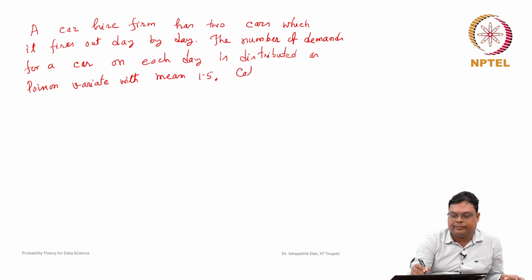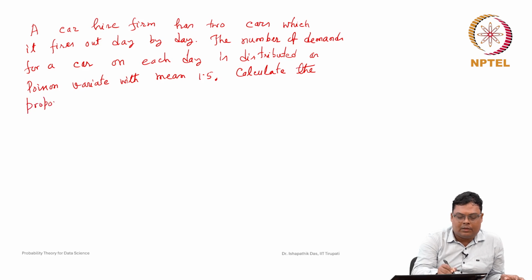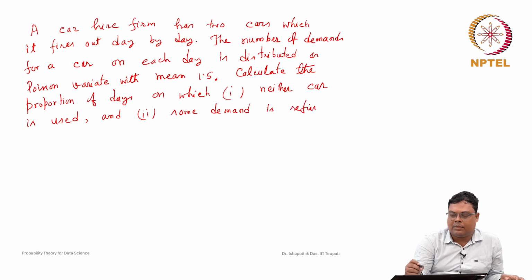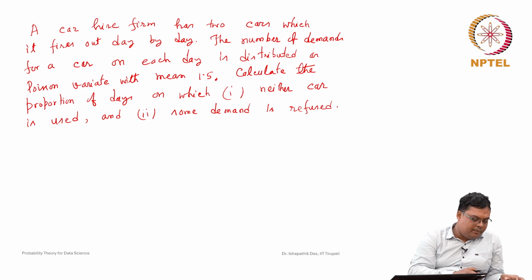Calculate the proportion of days on which, one, neither car is used, and two, some demand is refused.